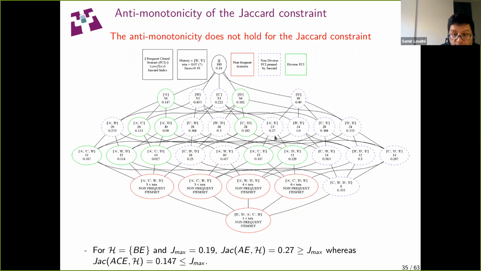But its superset item set ACE has a Jaccard index which is below Gmax. So if we prune this pattern here, we can lose this one, as its superset may be diverse with respect to the Jaccard index similarity measure. So from this example, we can clearly see that the anti-monotonicity property of the Jaccard constraint does not hold.